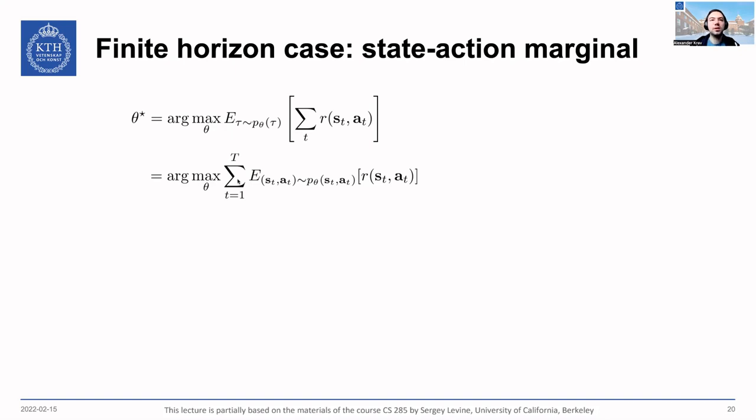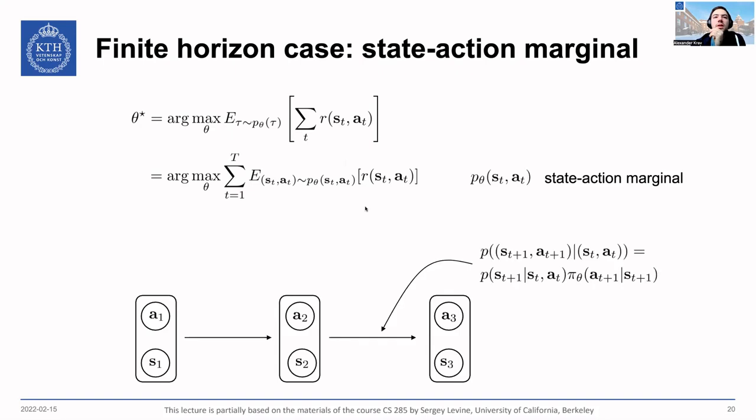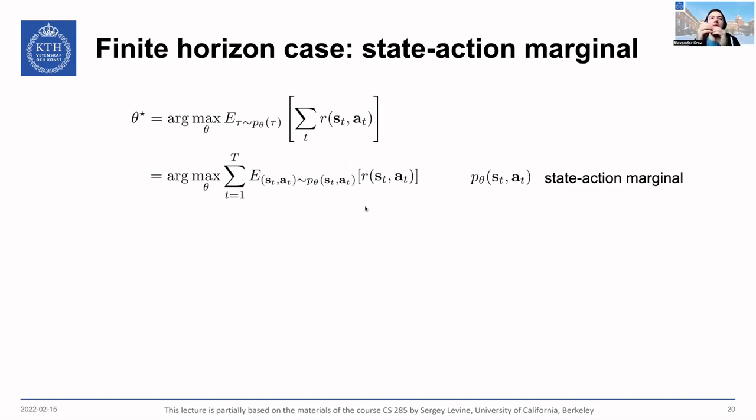And what we essentially do here is marginalization. Imagine that we have each trajectory, and the trajectories are distributed according to this probability distribution. For each trajectory, we sum the rewards at every step, and we can sum this instead in columns.